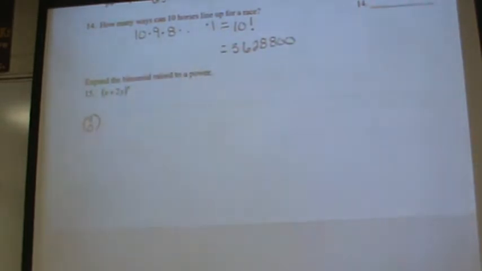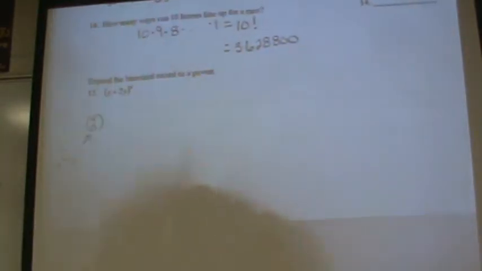So the combinations are going to become your coefficients. So we're taking this to the 4th power, so we have 4 and a 0 for our first combination. And remember, this notation means the C with the 4 and the 0, like that.